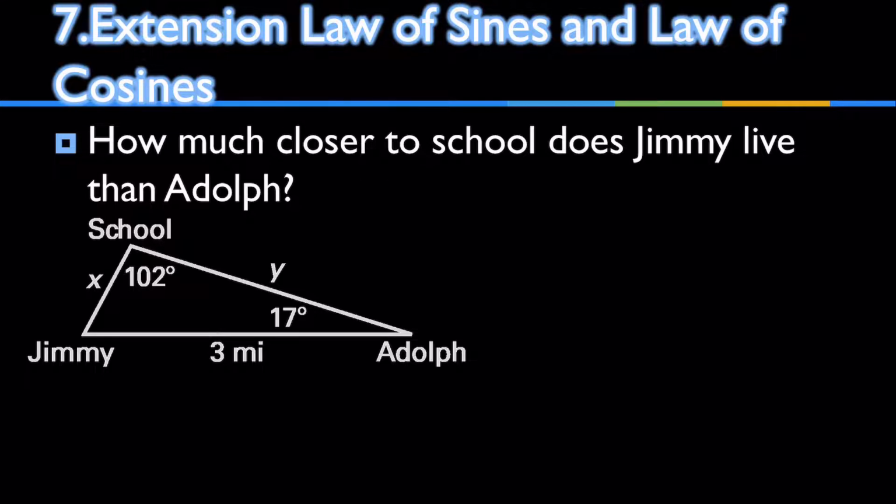So, how much closer to school does Jimmy live than Adolf? Well, looking at this nice little triangle, we need to find x and y. The easiest thing we could do is call these angles J, S, and A. So this would be side S, this would be side J and side A, because they're opposite the angles.